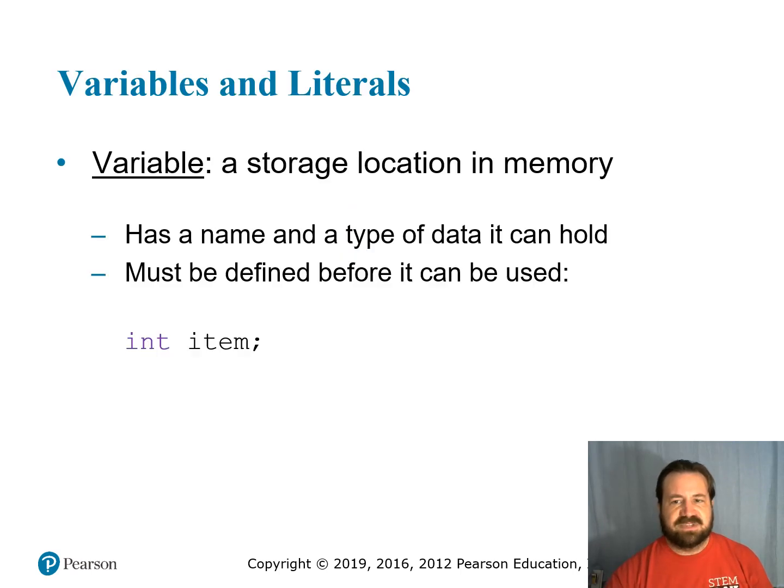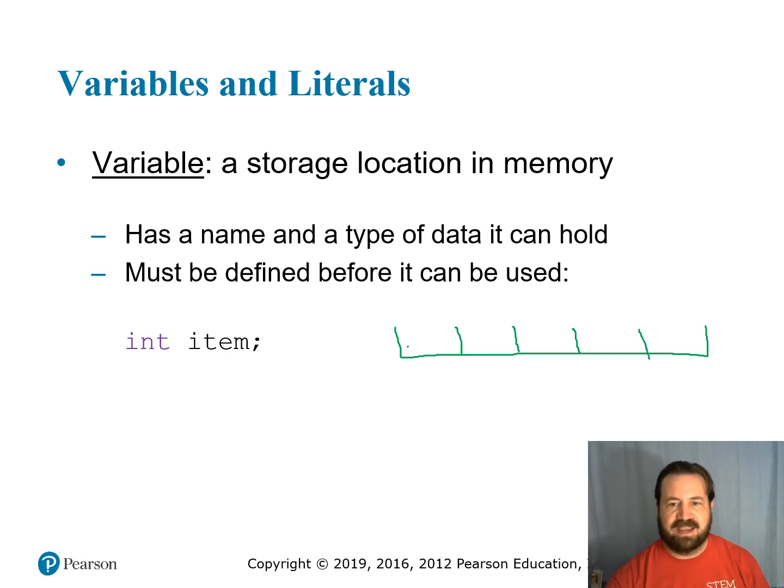Some things that we haven't used yet in our simple program are variables. Okay, variables represent a storage location in memory. So if you remember from the previous presentation, we talked about memory being made up of a series of memory locations, which you can think of as little storage boxes for computer values.